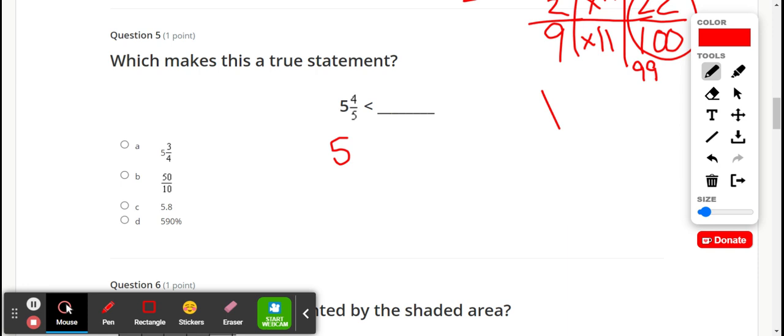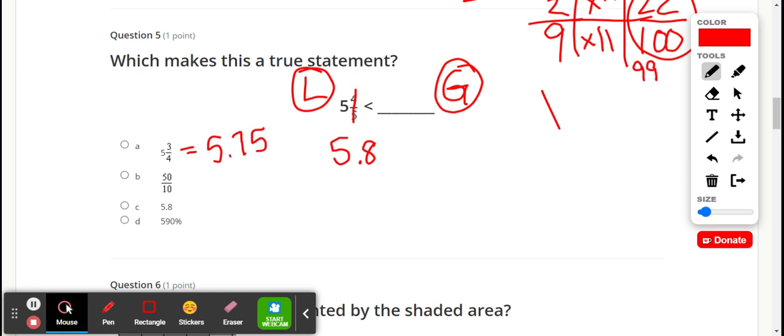So we need to figure out the least to greatest here. If this number on the left is the least, we need to figure out which one of these is the greatest. So if we change 4/5 to a decimal, we did it up above, it's 0.8. And here we got 0.75. 50 divided by 10 is 5.